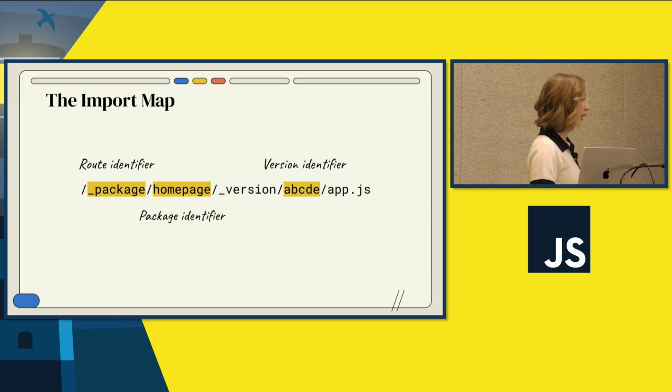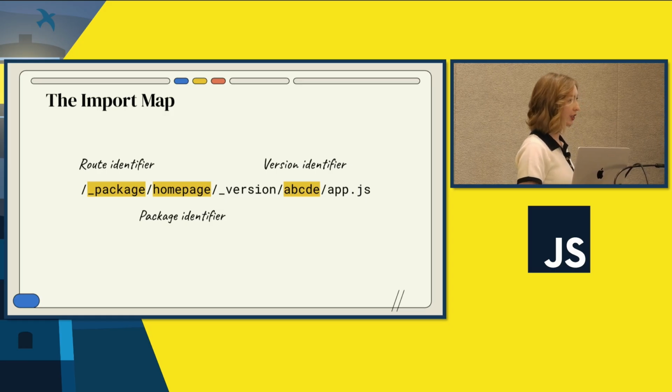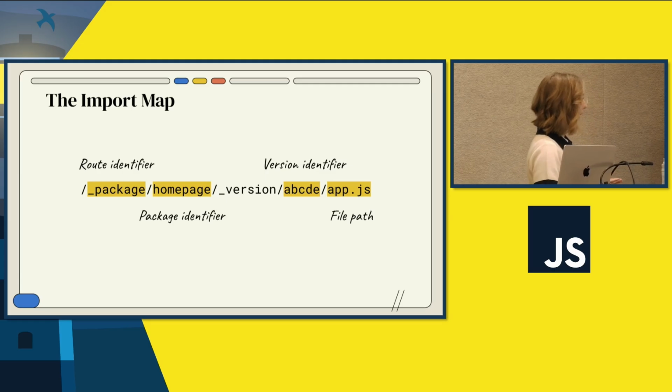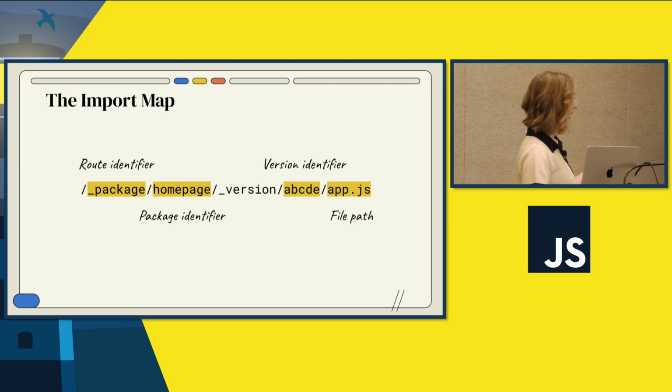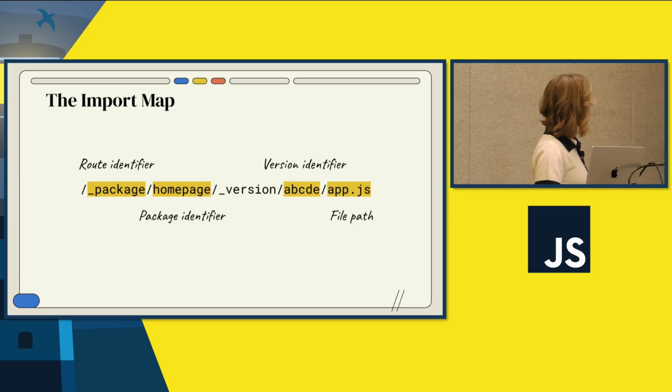But we've opted to use Git hashes because we already understand those. We can keep track of them. And it's really easy to understand what version is in production and how to go get that code if you need to run it locally for some reason. Then lastly, we have the file path. So here we're getting an app.js file. That is how we're getting our ES module that holds onto our micro front end.